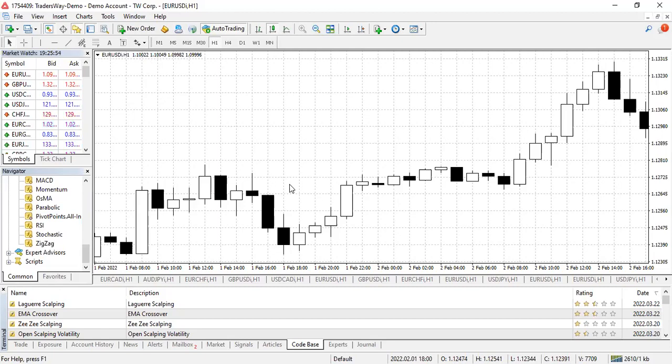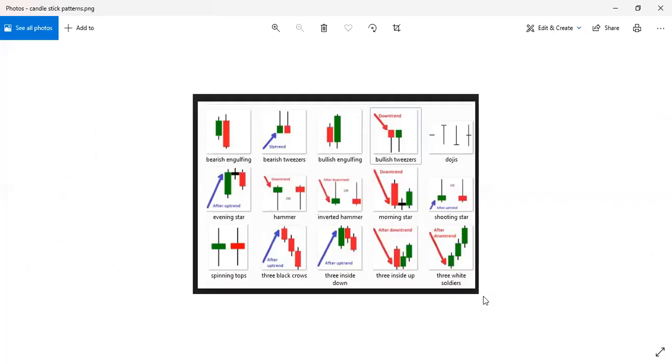So we have the hanging man. Let me show you what the hanging man is. In the single candlestick, we have spinning tops, we have marubozu, we have doji.